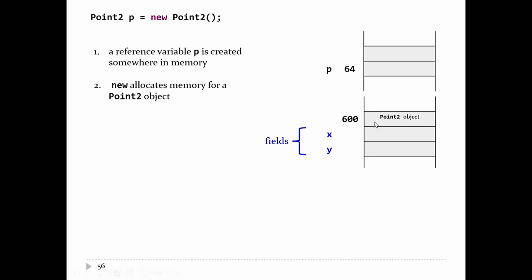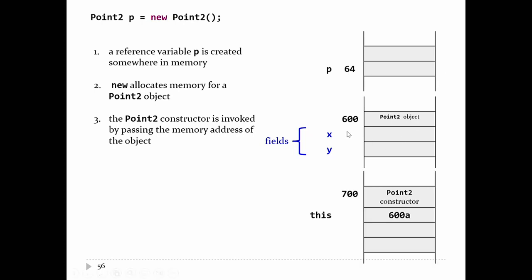Now, in the Point2 class, we've got two fields, x and y. They're not static. What that means is that the object that was created gets its own fields called x and y. Now the constructor starts to run. When the constructor runs, it needs to know what object it is initializing.